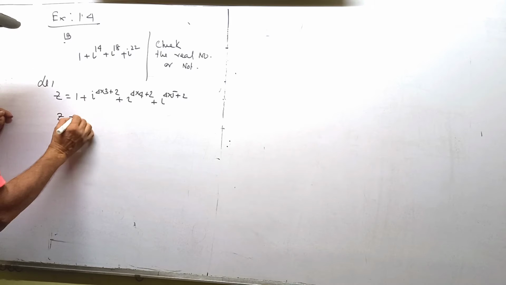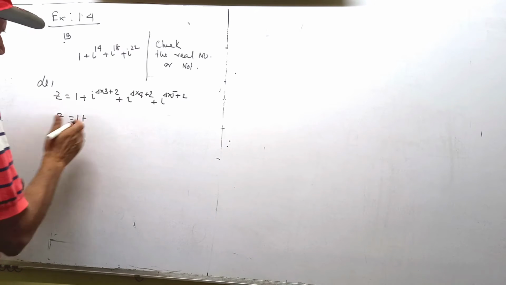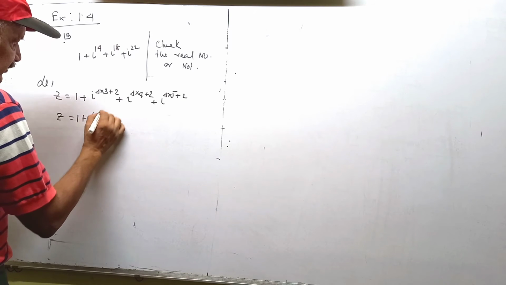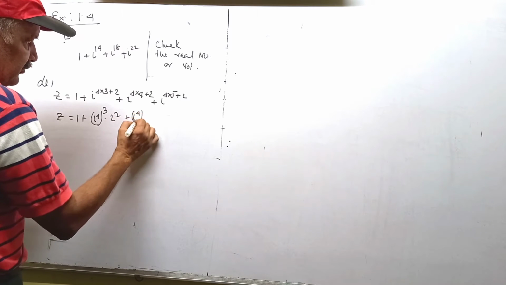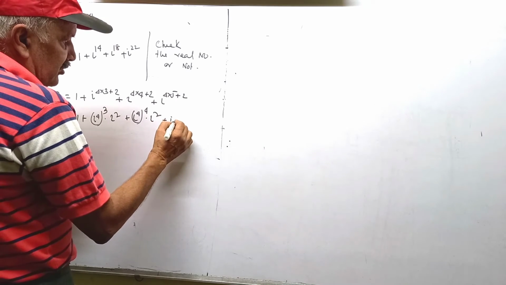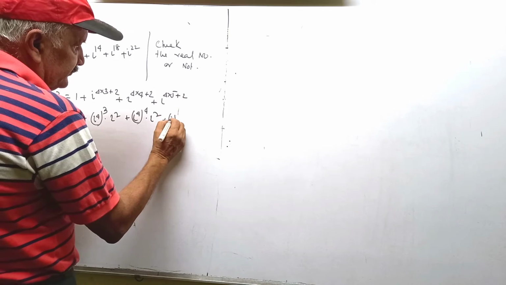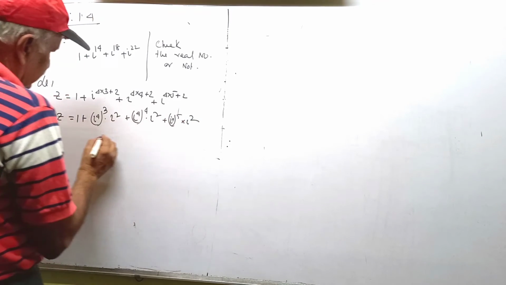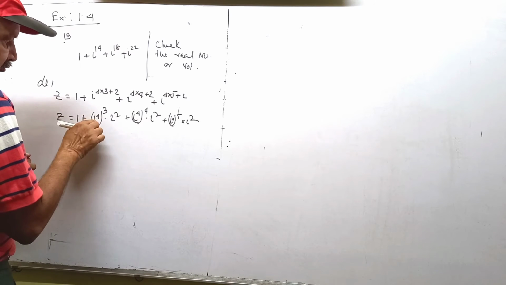So here we are getting i times (i^4) to the power 3, plus (i^4) to the power 4 into i square, plus (i^4) to the power 5 into i square. So here you are getting 1 plus i square.